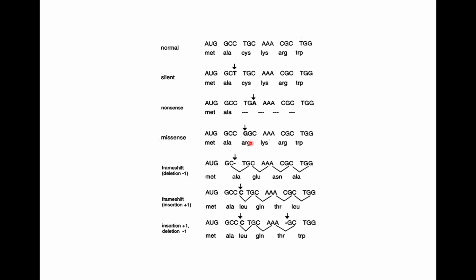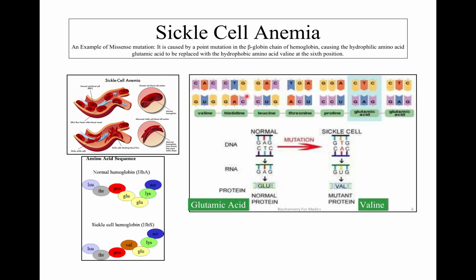If there is a missense, in place of cysteine there is arginine. Here frame shift: after alanine there should be cysteine, but now it's glutamine. So these are examples of point mutation.